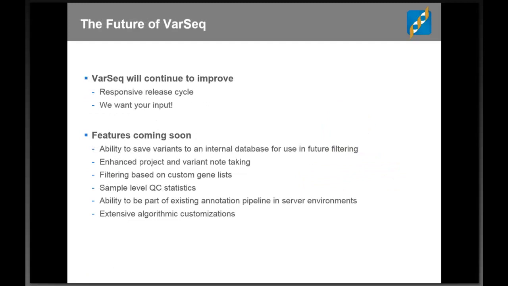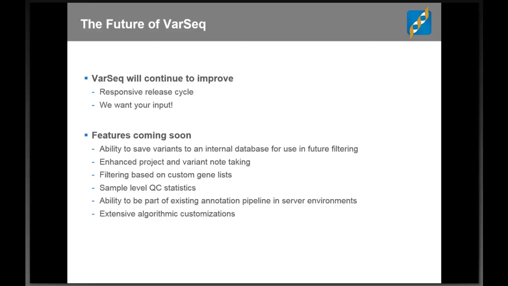Now, in the future, I'll just point out that VarSeq will only continue to improve. We expect to have a very rapid and responsive release cycle, and we want to have your input. So we'd love to talk to you about any features that you'd like to see added into the software.